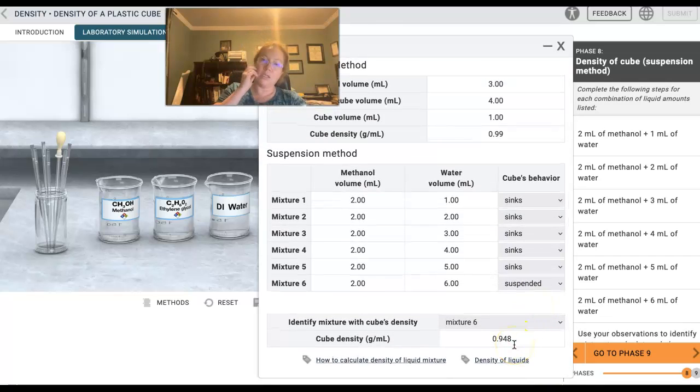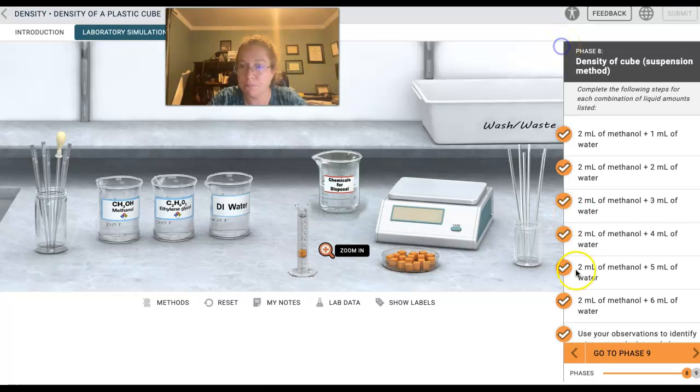Okay, so it's actually 0.948 is the density, because we're at 3 significant digits, so 3 significant digits for our density. Okay, so that's correct.